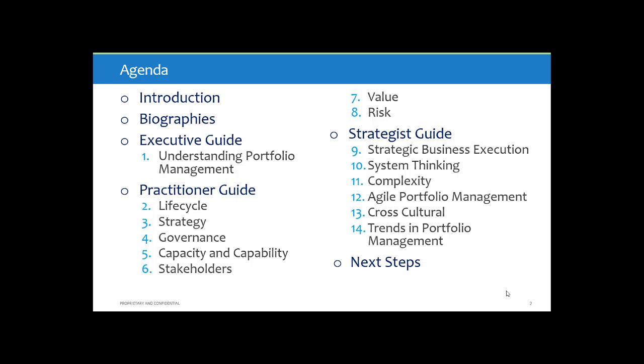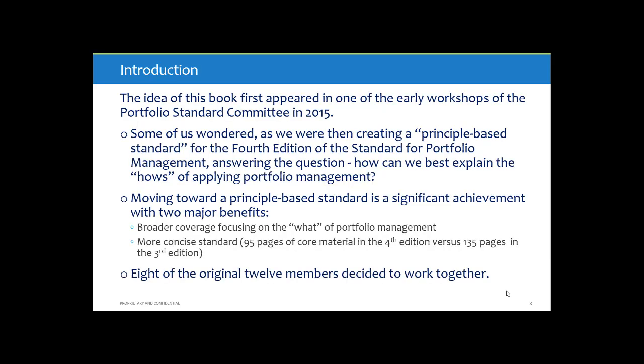As we'll explain, the executive guide was designed for the decision maker, the practitioner guide is designed for the portfolio managers, and the strategist guide is designed for the thinkers and the tinkers out there who want to look beyond just the current way of doing portfolio management. And then we'll also talk about some of the next steps.